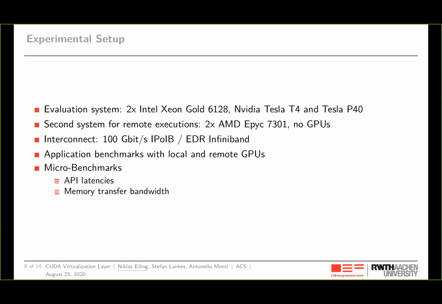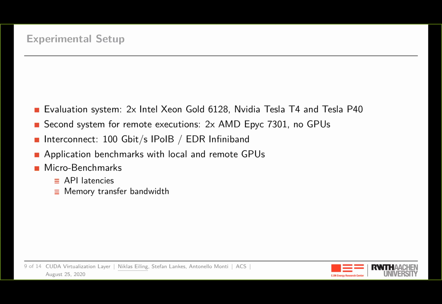So the CUDA application was started on this system, and then the RPC request was sent to the other system. The second system consists of 2 AMD EPYC 7301s and no GPUs. Both systems are interconnected using a 100 gigabit InfiniBand connection, which was either configured to use IP over IB or directly using InfiniBand.